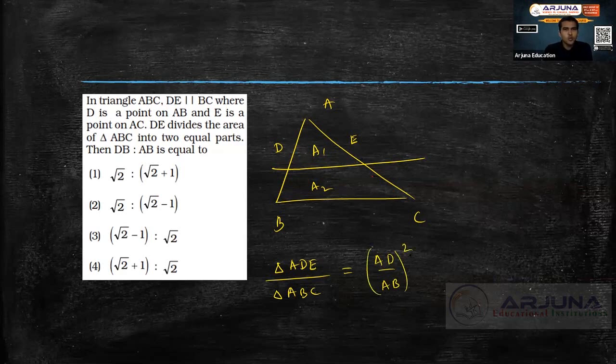Why are you getting 1 or 2? Okay, so for triangle ADE by ABC, it should be AD by AB the whole square. This is what you have studied, the basic proportionality theorem.